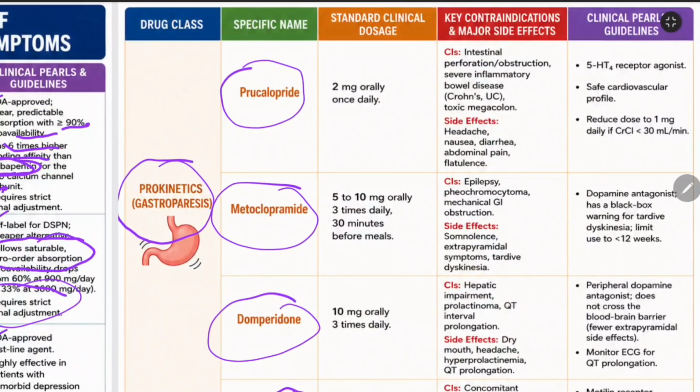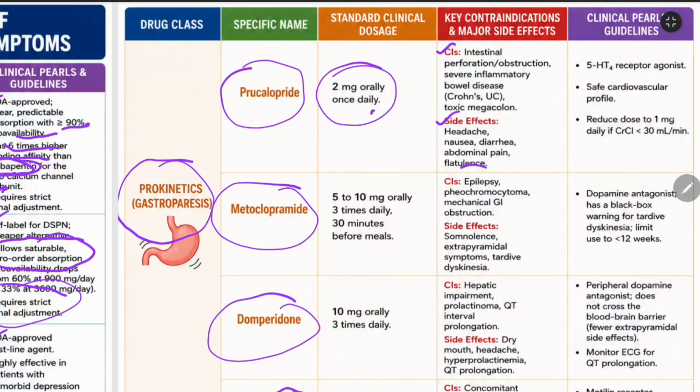So prucalopride is given 2 mg orally, for the patient who has abdominal bloating or constipation, or early satiety, all those patients. So this is gastroparesis. You can give 2 mg orally once daily. Contraindications are intestinal perforation, obstruction, toxic megacolon. Side effects: headache, nausea, diarrhea, abdominal pain, and flatulence.